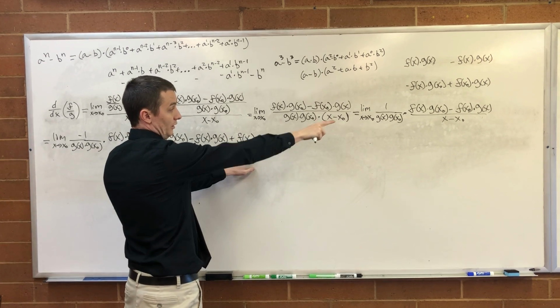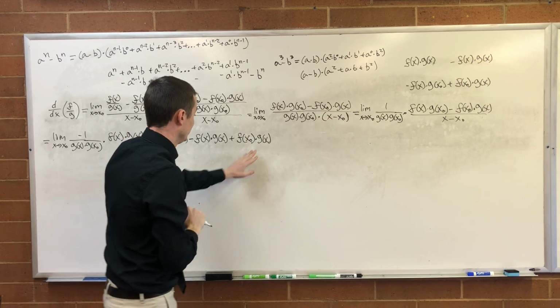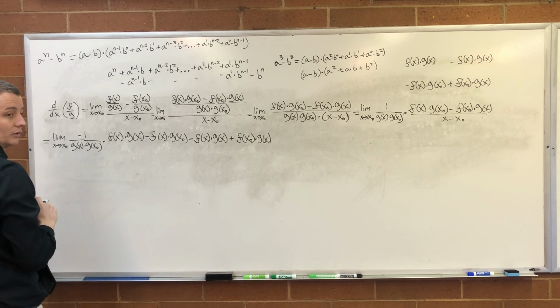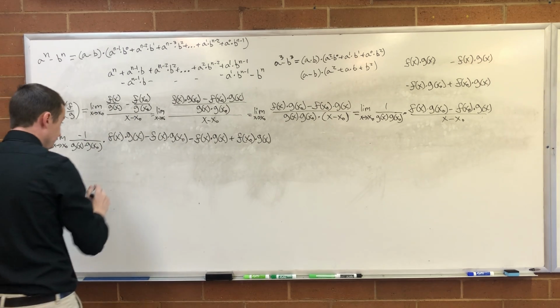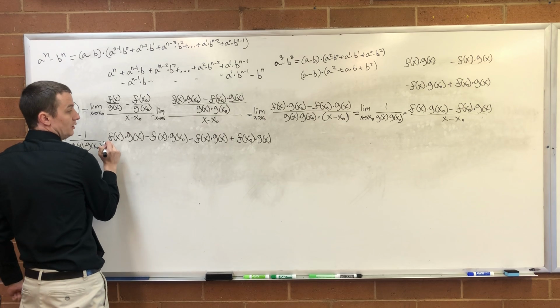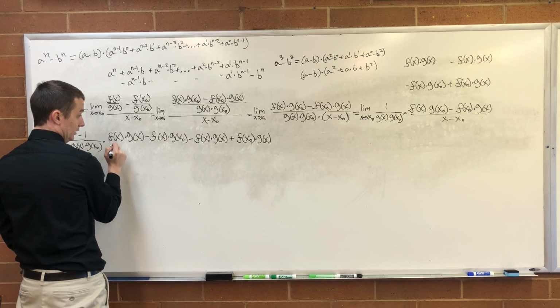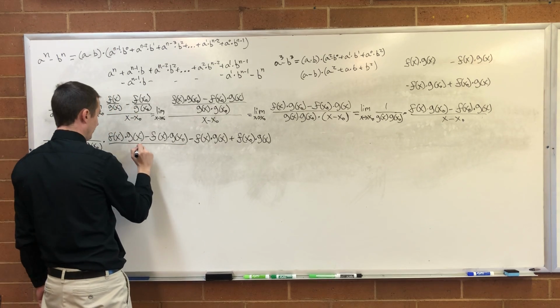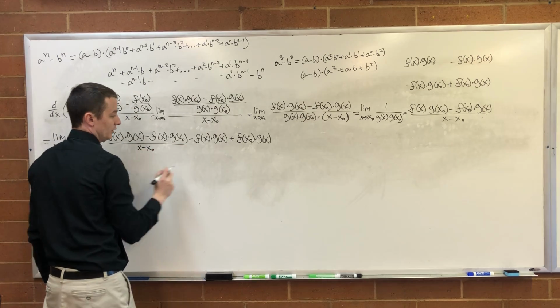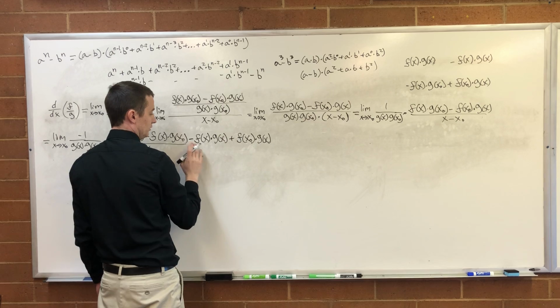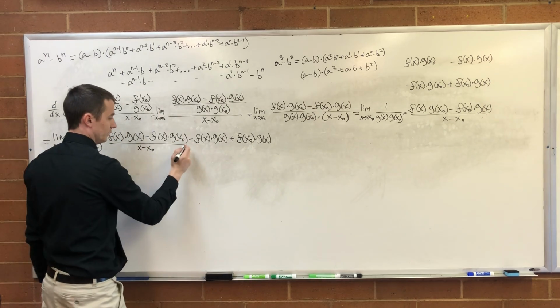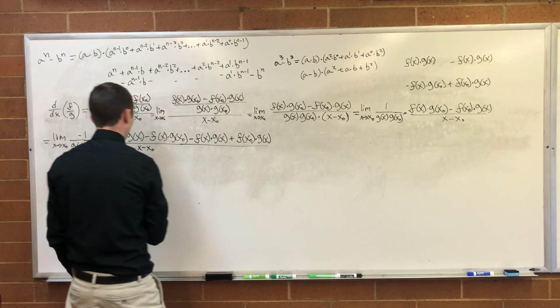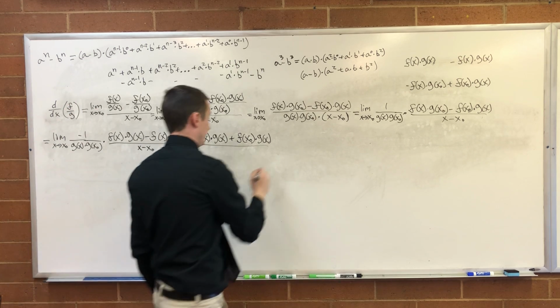And this is that term there, now positive because we factor out negative 1. And we'll write this as two separate fractions, x minus x naught. This, we can't really do that since there's that minus there. It might confuse us. So we'll leave that all over 1 for now.